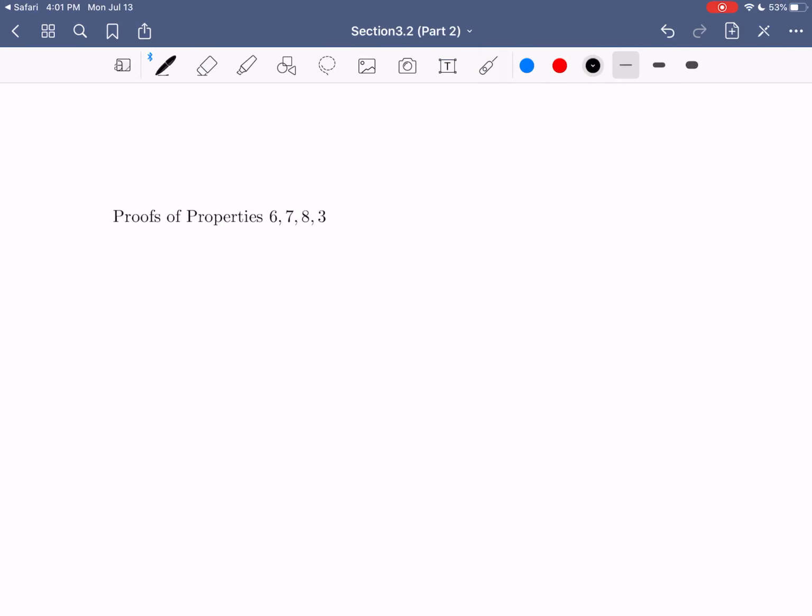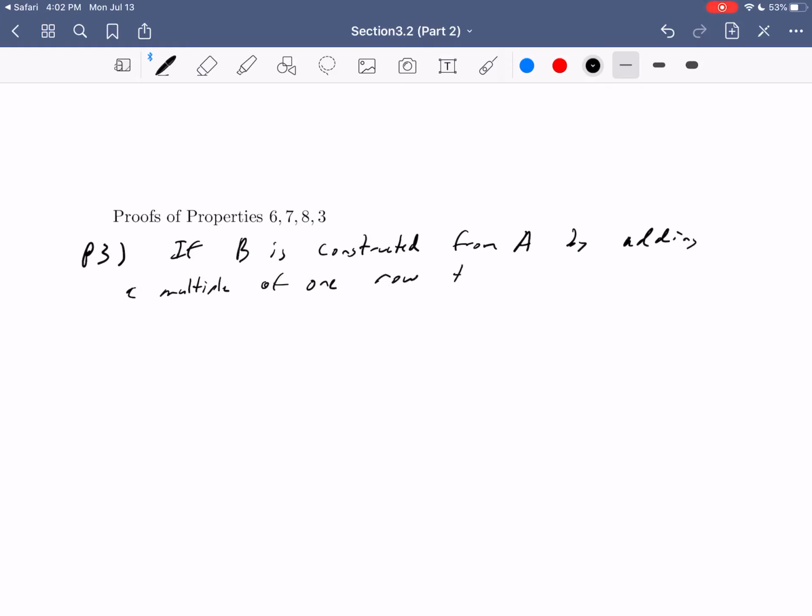So for property 3, we wanted to say that if B is constructed from A by adding a multiple of one row to another, then the determinant of B is equal to the determinant of A.